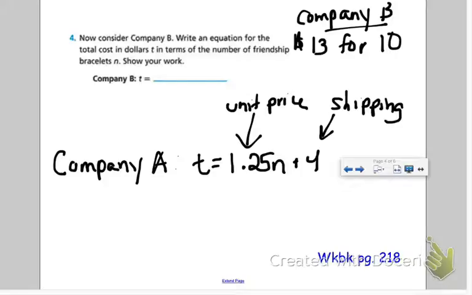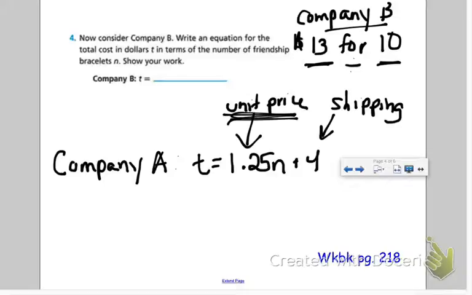But if you remember, they did not have a shipping charge. So you do not have to worry about shipping for Company B. So what I would do is I would figure out how much it would cost per bracelet. I would figure out the unit price. We need to find the unit price. And if you remember, to find the unit price, you have to do the cost divided by the number of units. In this case, I'd have to do 13 divided by 10.